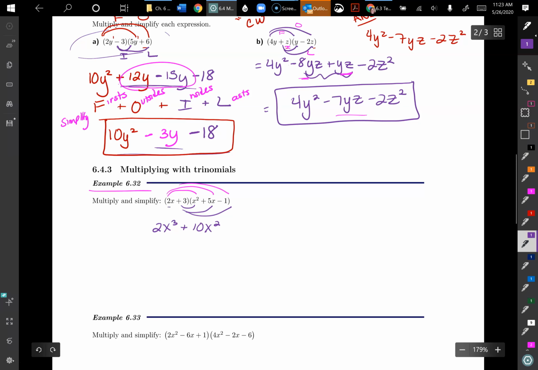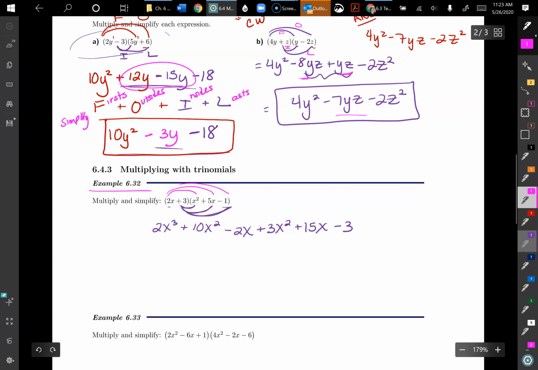Then I'm doing the 2x times the negative 1, and I'm going to get negative 2x. And I'm just going to keep going across. I'm going to have the 3 times x squared will be plus 3x squared. Then I have 3 times 5x, which will be plus 15x. Then I have 3 times negative 1, which will be negative 3 or minus 3.